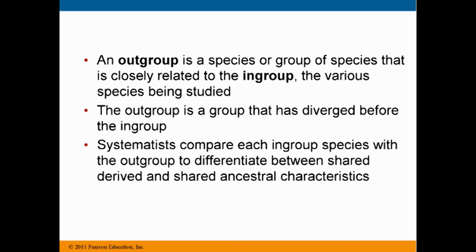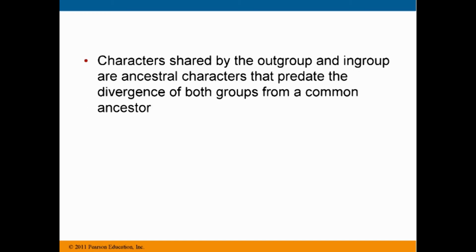So that's something that does not have the shared derived characteristics, but it does have the shared ancestral characteristics that all of the groups share. Okay, so characters shared by the out-group and the in-group are ancestral characters, and I'd mentioned that already, so you've got that in writing.